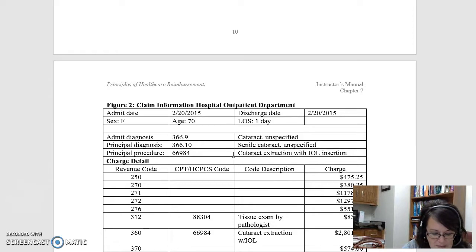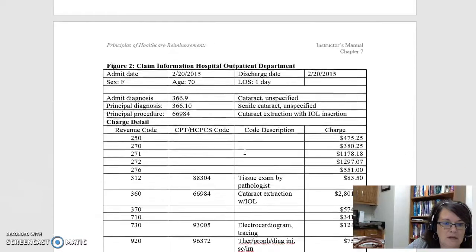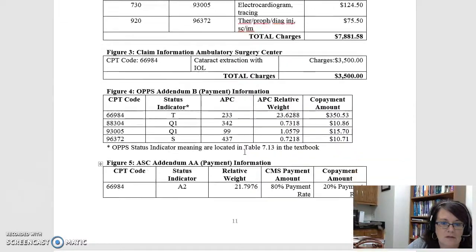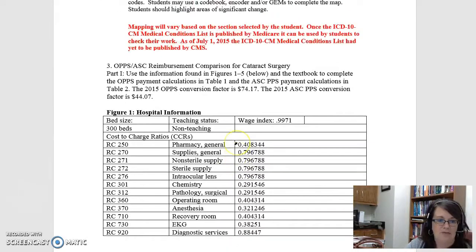Okay, so if I'm looking at table 1, just to help you get started, it says step 1, the APC relative weight times the conversion factor, and they give us the conversion factor. So if I'm looking for the relative weight for 66984, looking at the tables here, I don't have it on the screen.